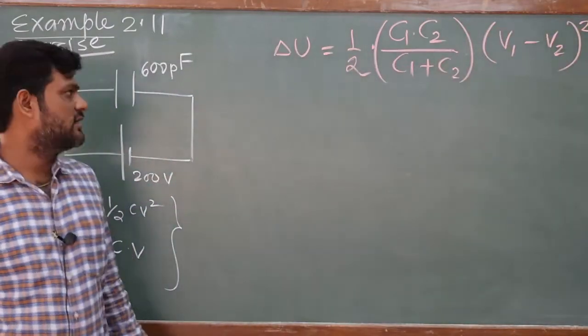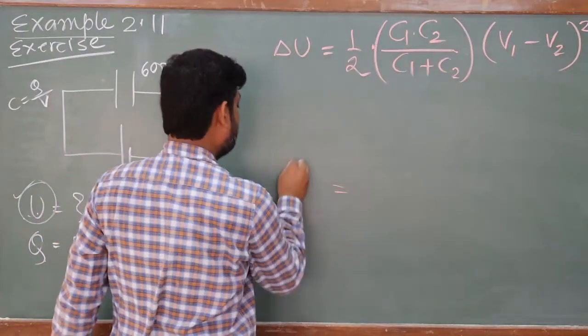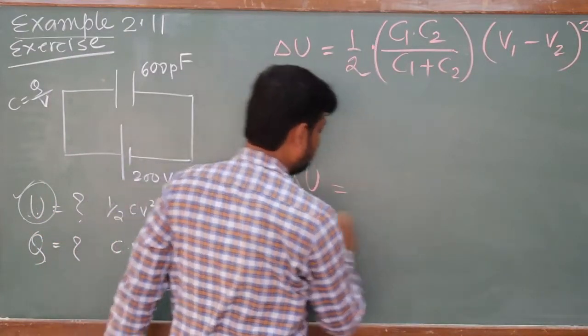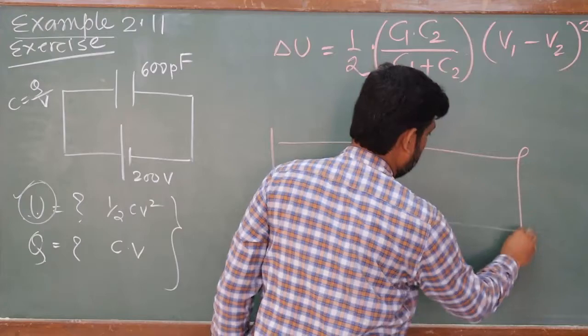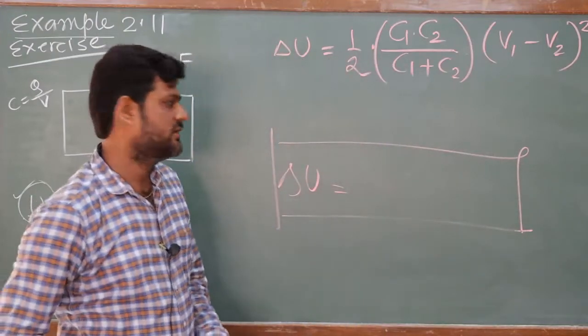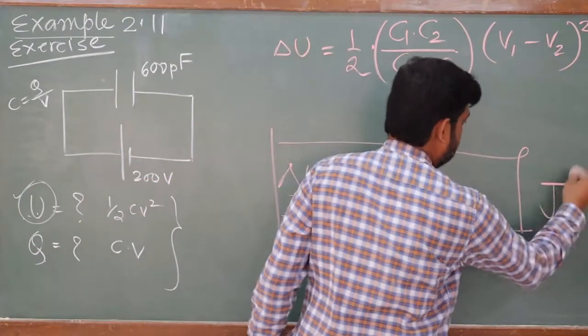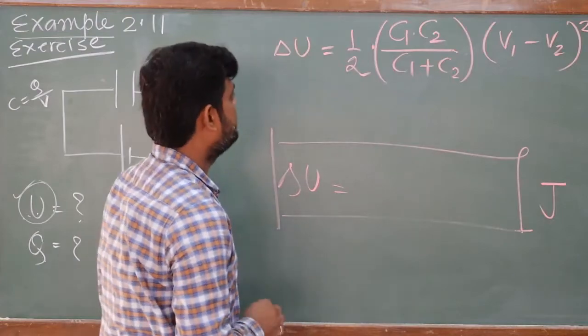Use this formula, find the delta U, and you will get the energy loss directly, correct? In Joule.